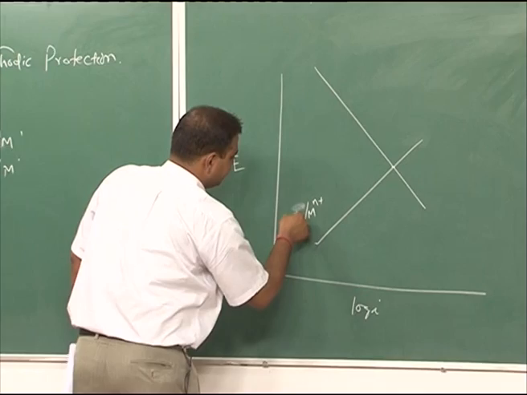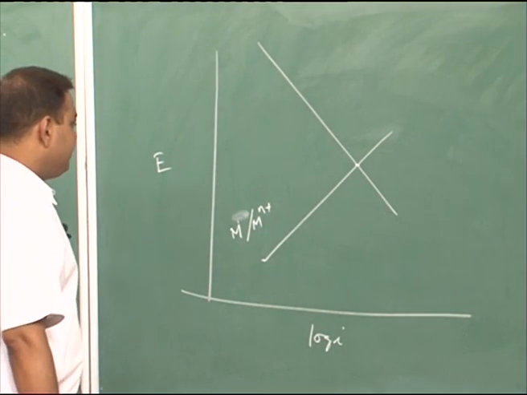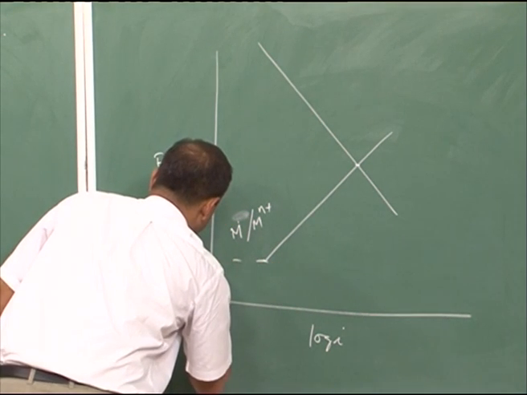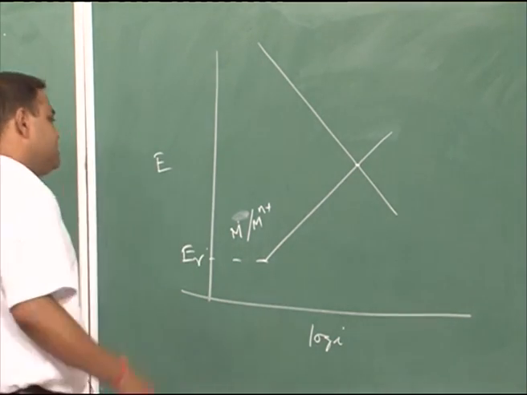That is what I have written, anodic reaction, metal going to the metal ion, and this is E reversible potential, if the metal ion concentration is unit activity.